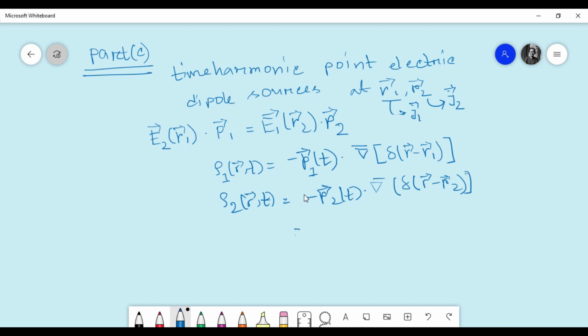But as you can see, this has no position dependence, so we can take this P2 term inside the divergence term. And similarly, we're going to have a similar relation here also.